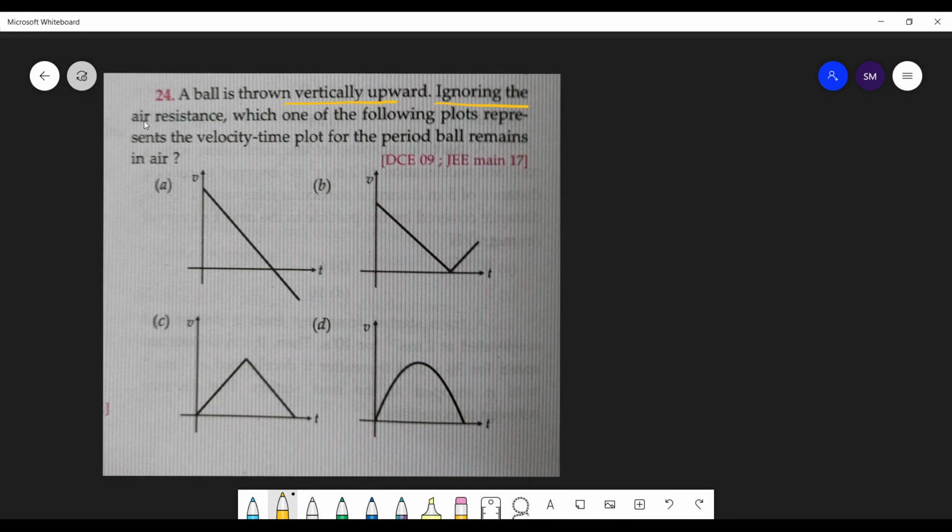This time you are ignoring the air resistance. So which one of them is correct? Zero and... Sir, two part. A part.